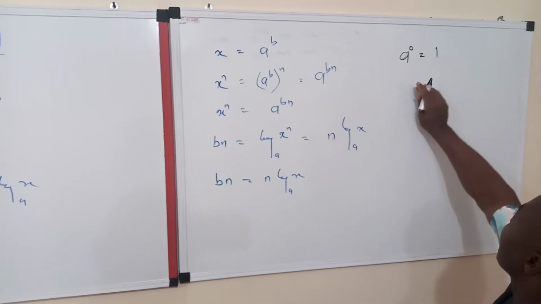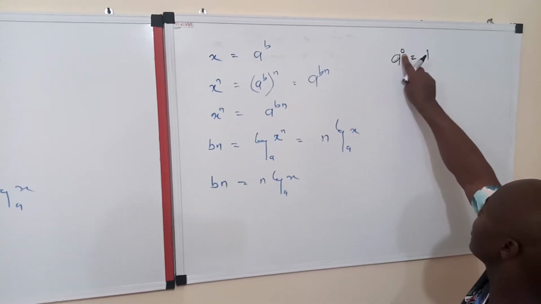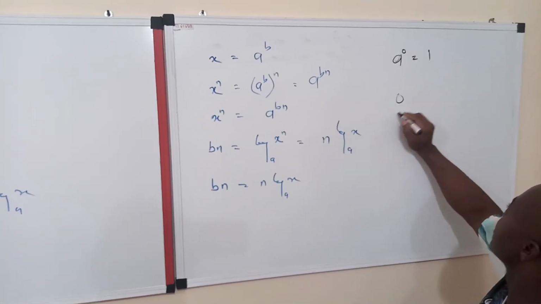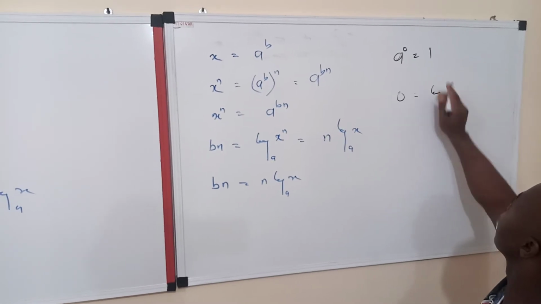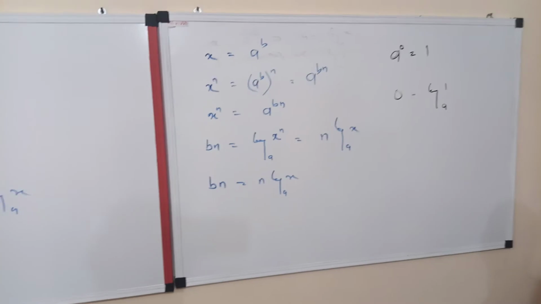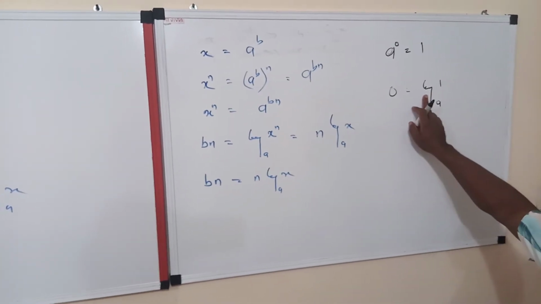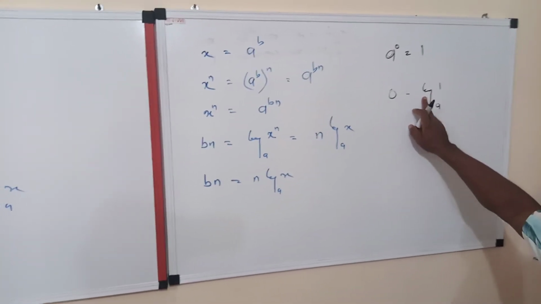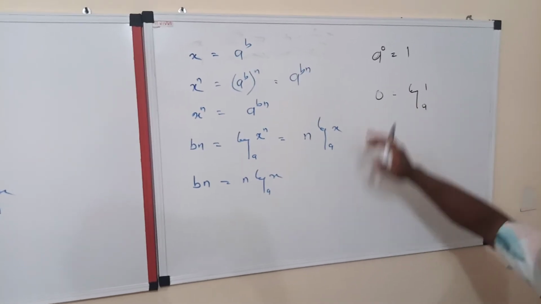Now, if we're doing that, the power, which is 0, is equal to the logarithm of the number 1 in base a. So in this case, you can say that the log of 1 to any base is equal to 0.